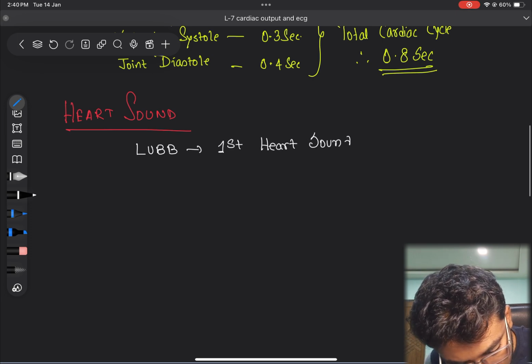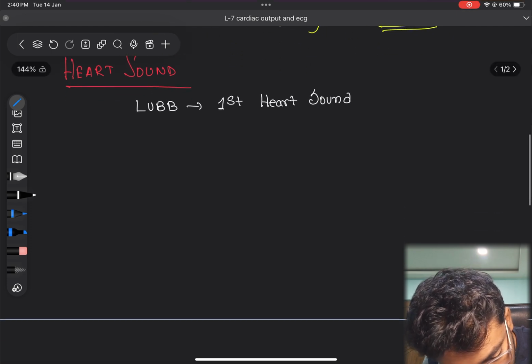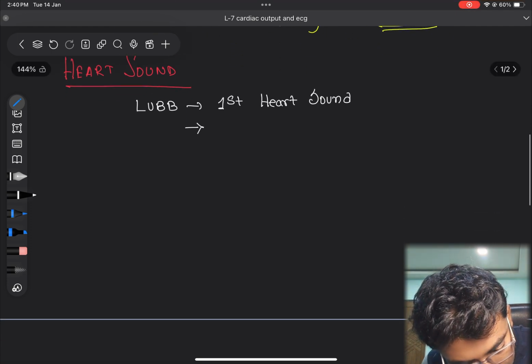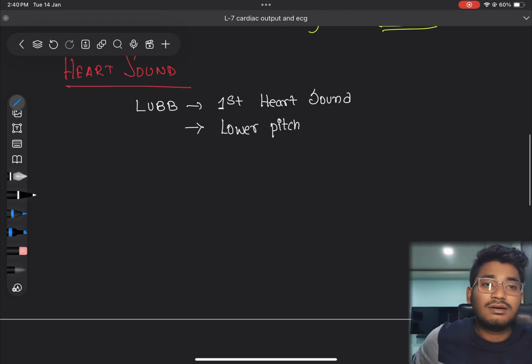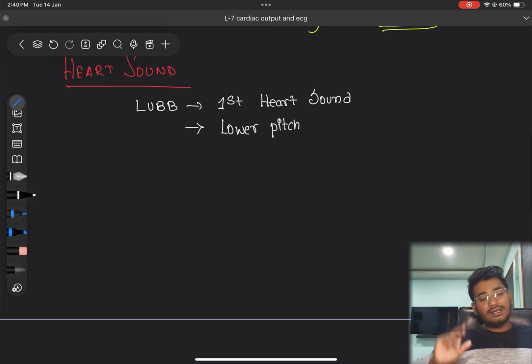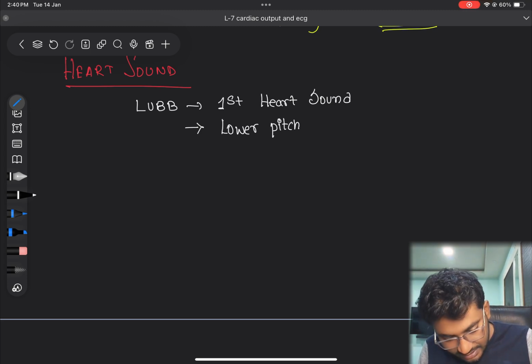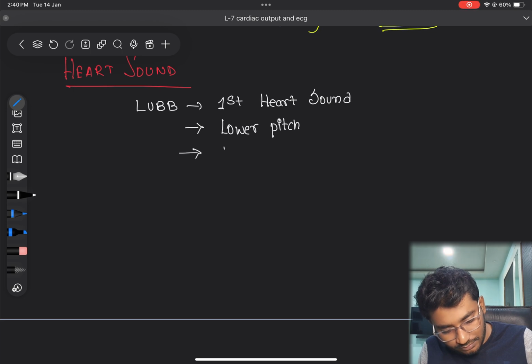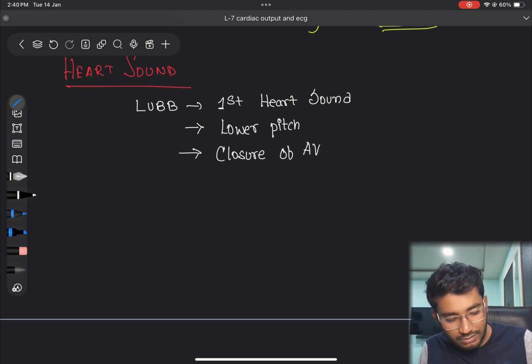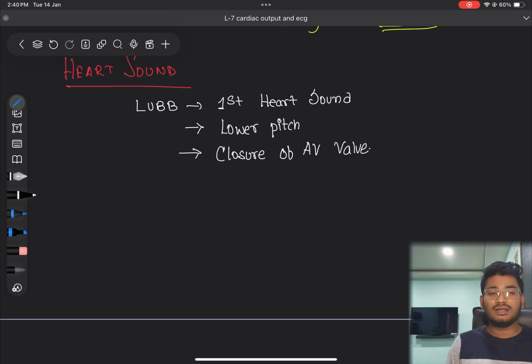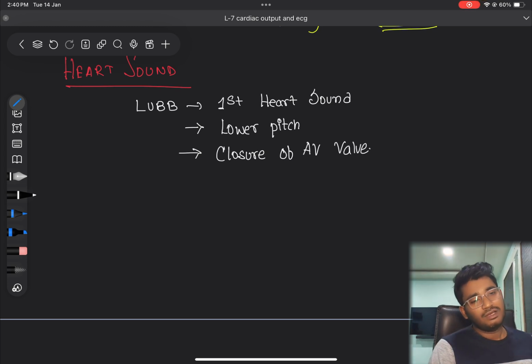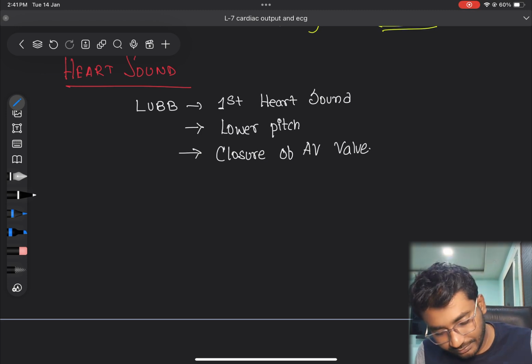Okay, it is lower in pitch. Lower pitch means the sound generally is heard louder in your ear. The lub sound is generated by the closure of AV valves, that is, of the bicuspid and tricuspid valve.